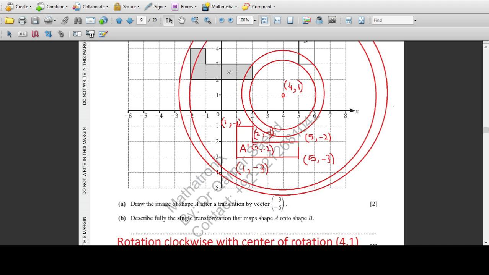So with this reference, with just one point, we can redraw it, because this is 1 2 3 4, 1 2 3 4. We have just drawn it like this, and then 1 2, and then up. So we have drawn this image of A as a dash, and the coordinates of each point are written down here.